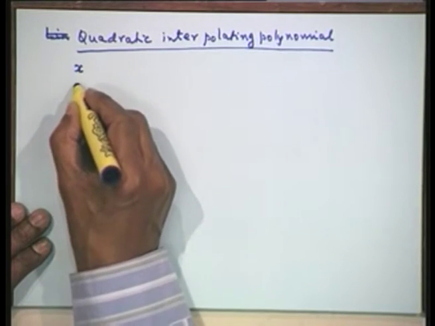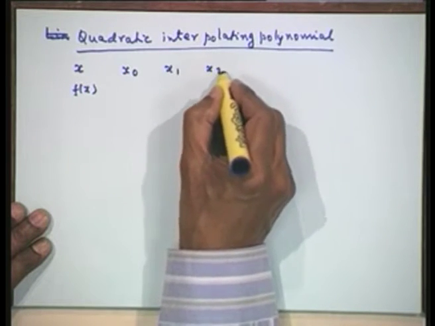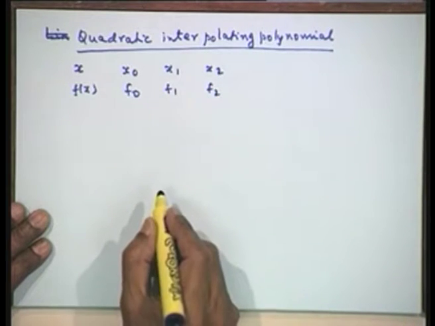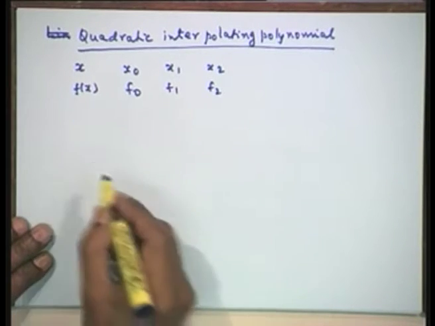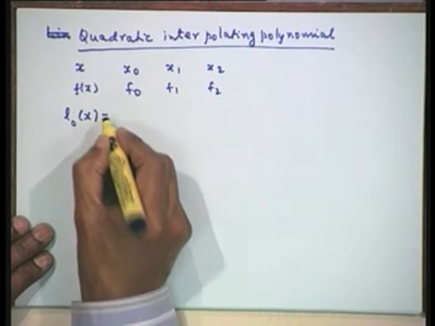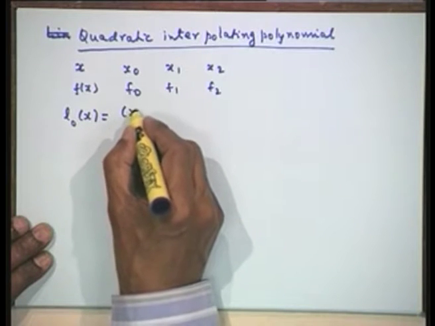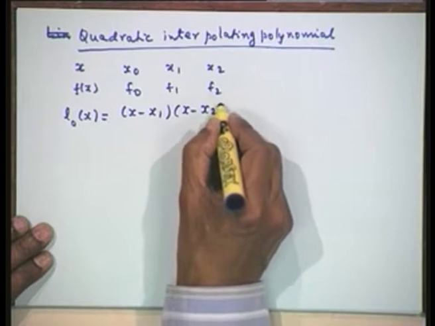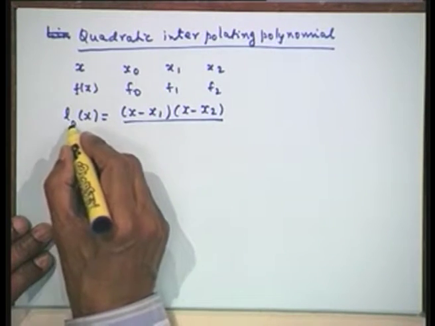That means, I have got the data as x, f(x): x0, x1, x2, f0, f1, f2. Therefore, I can write down the Lagrange fundamental polynomials immediately. The numerator should miss x minus x0. So, I will have the remaining factors x minus x1, x minus x2. The denominator is evaluation at x0.